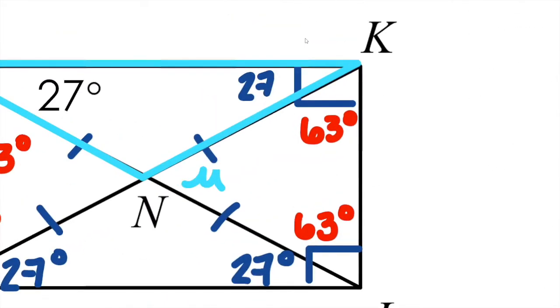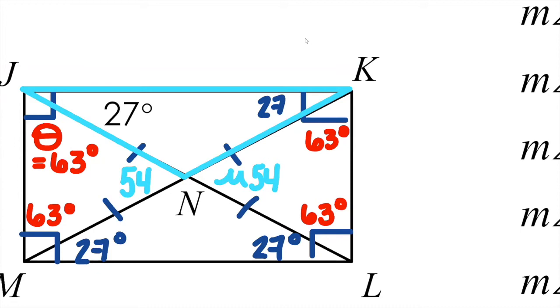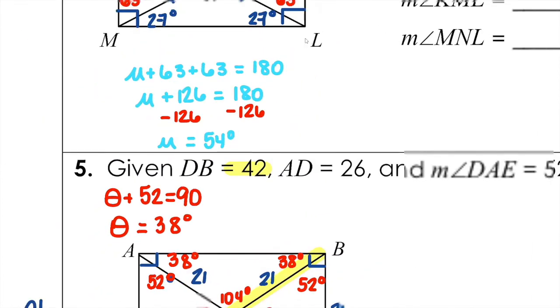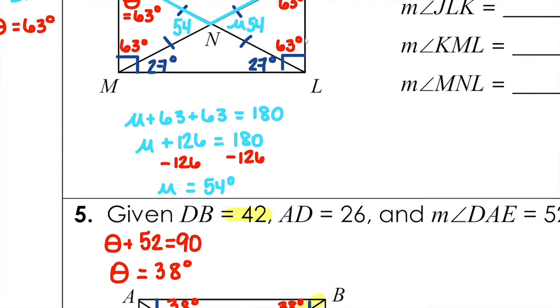So this angle would be 54, which means the angle across from it is also 54. What about those other two in there? We could just say that's a linear pair.